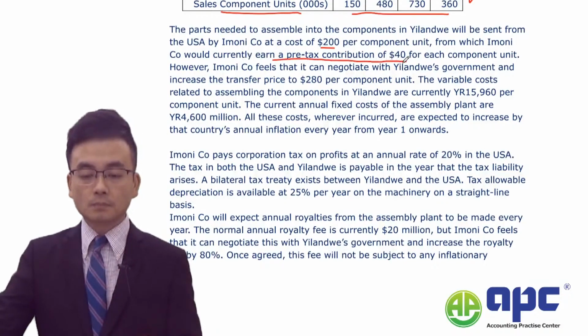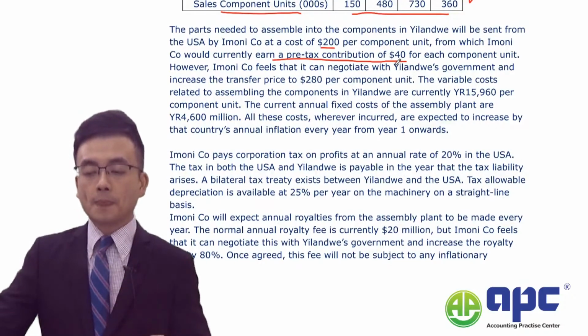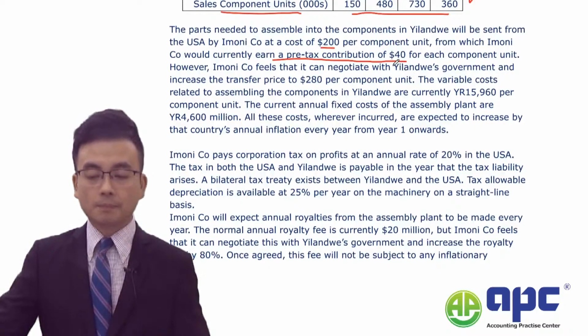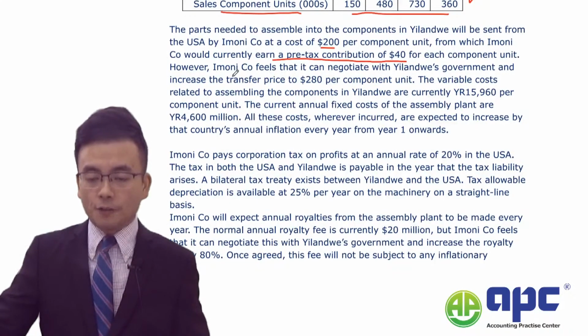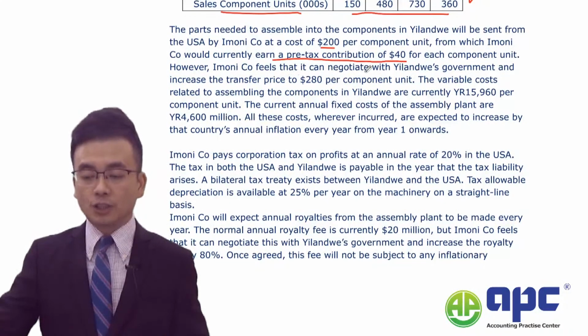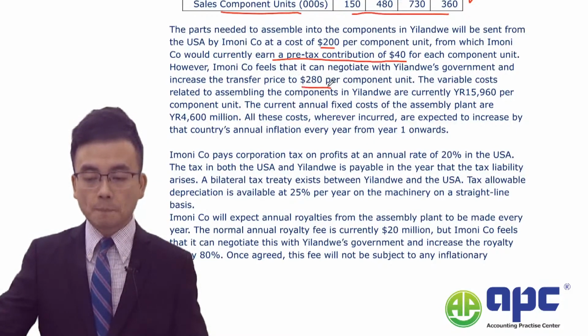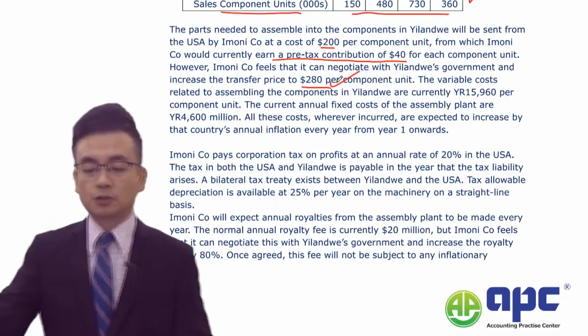So which means we will be selling at 200 and the variable cost will certainly be 160, because the contribution is 40. However, our company feels that it can negotiate with the government and increase the selling price to 280 per unit, and that's why the 280 will be our variable cost.